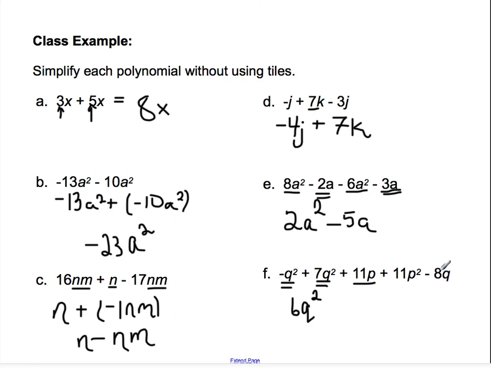There's no more p's, so I just attach it along because I can't put them together; it would be a different shape of tile. I have 11p squared. They have no like terms, so I just attach them along because that would be a different shape of a tile if we did have one that could represent it. And negative 8q.